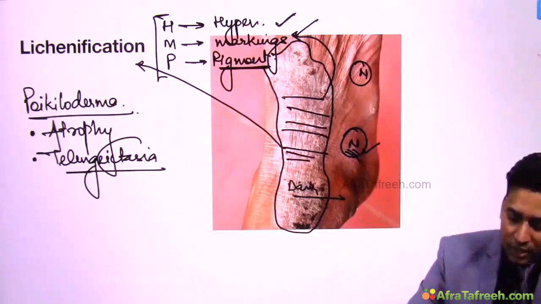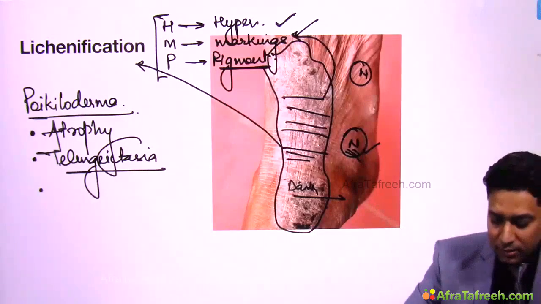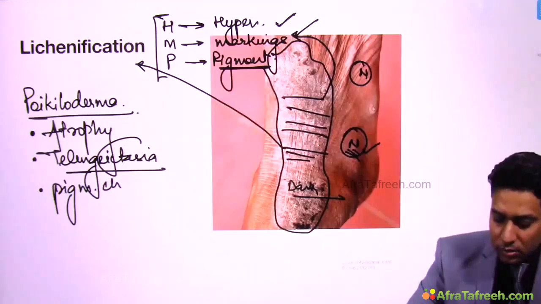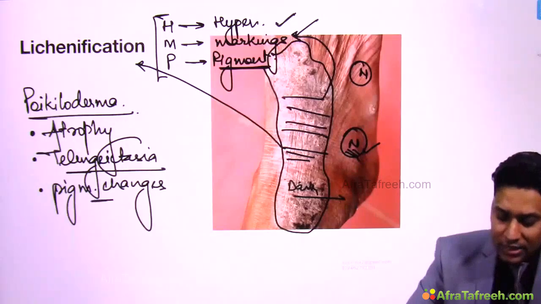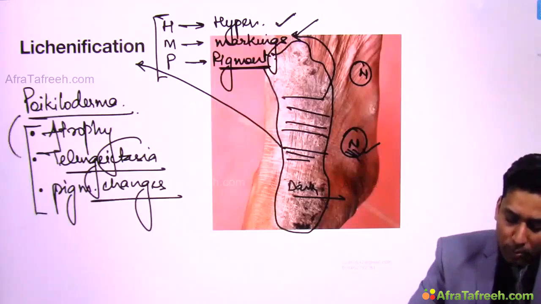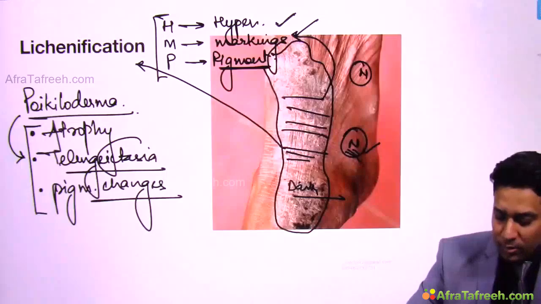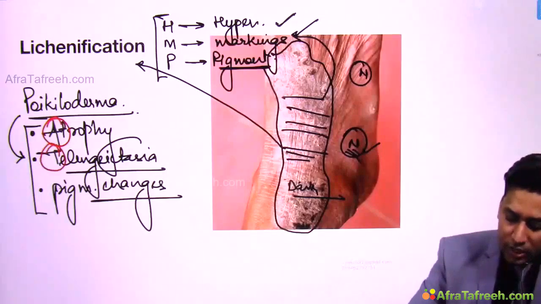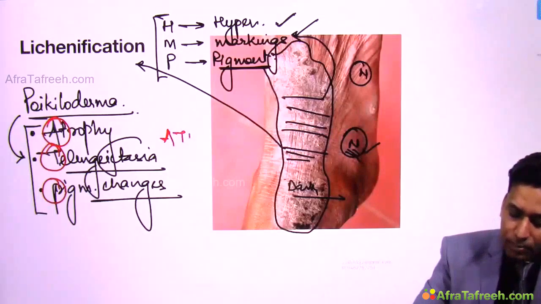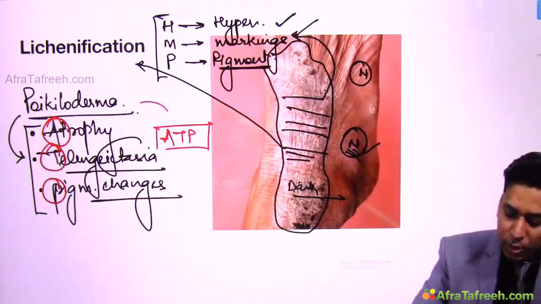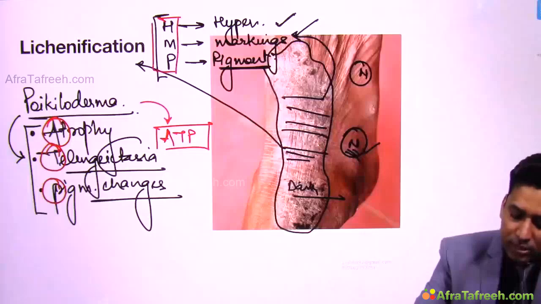So there are superficial dilated blood vessels and pigmentary changes. So if you find these three things, then we call it poikiloderma. This can also be very easily remembered with this mnemonic, that is ATP. So if it is ATP, it is poikiloderma. If it is HMP, it is lichenification.